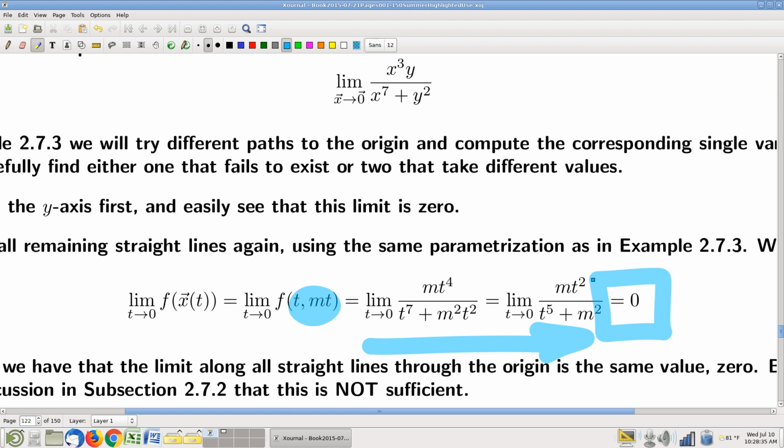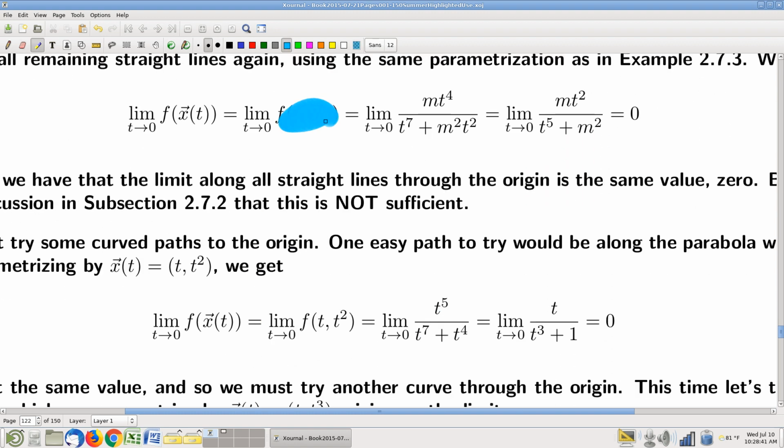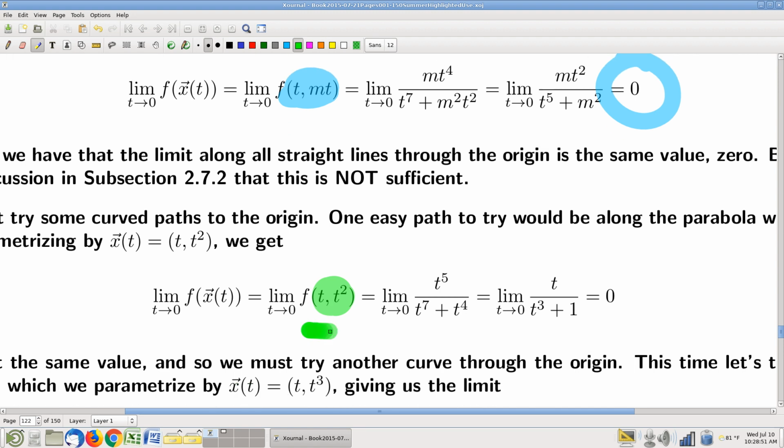So that's bad news for us. Okay, so straight lines, you get 0. What about along a parabola? There's a parameterization of a parabola. Notice y equals x squared. That's the graph parameterization of y equals x squared. And again, we get 0, and no contradiction.